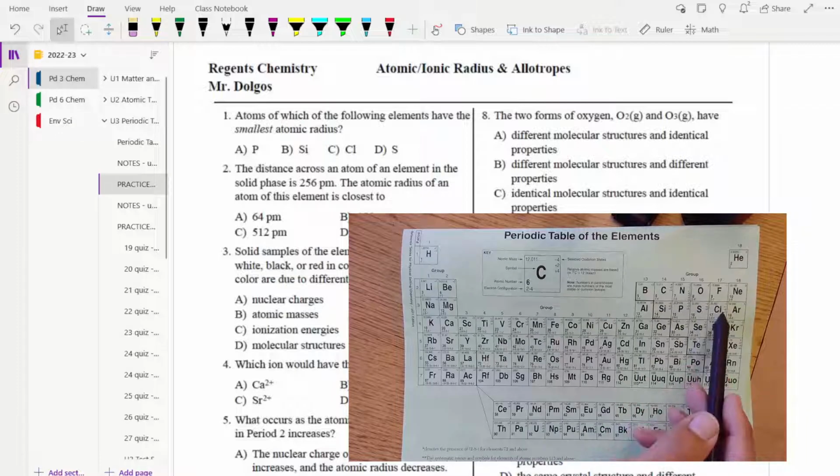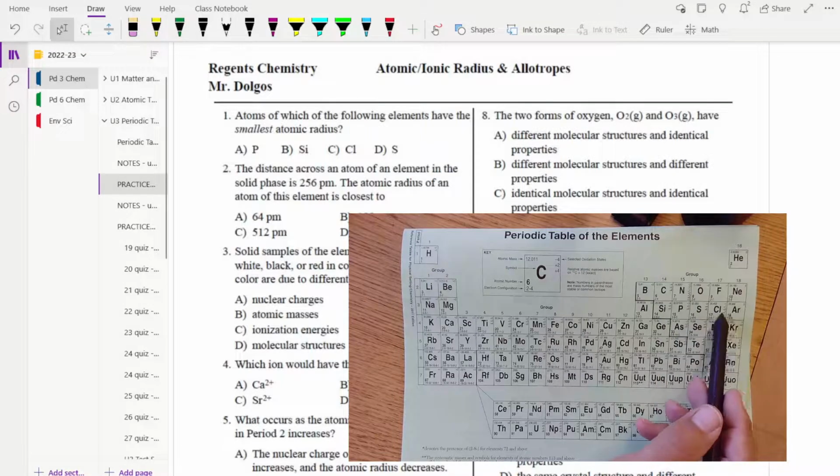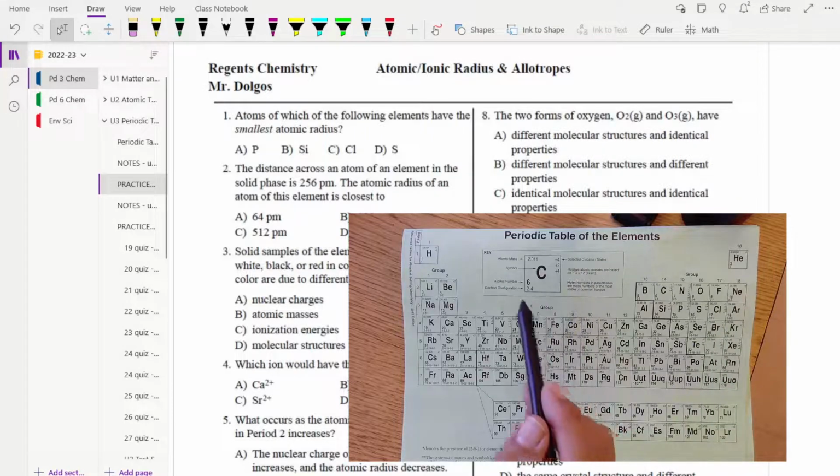So elements like chlorine that are very close to the edge of the noble gases have the smallest atomic radius. Compared to sulfur, chlorine is a little bit more to the right, so it's smaller than sulfur. Compared to phosphorus, it's more to the right, and silicon, even further. So chlorine by far has the smallest radius, based on the trend that it gets smaller going towards the right.